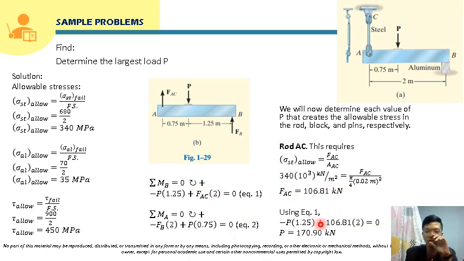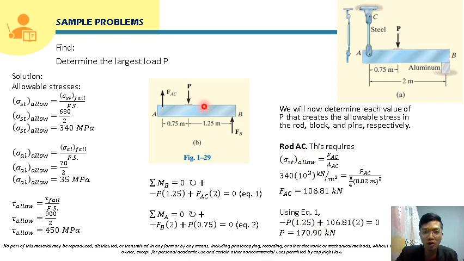So we can solve here for P. The value of P here is 170.90 kilonewton. So this is the allowable load P that we can apply at this member, wherein it will not exceed the allowable normal stress for the steel. So this will be for the rod AC.